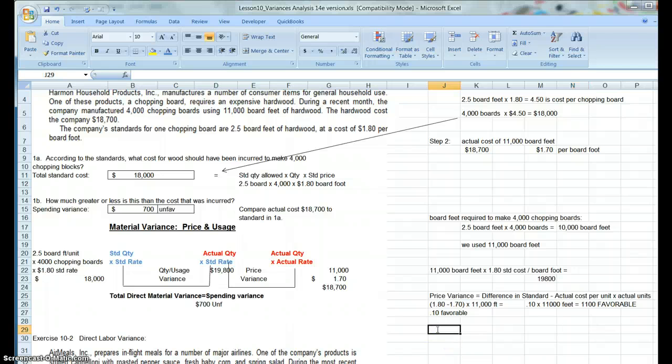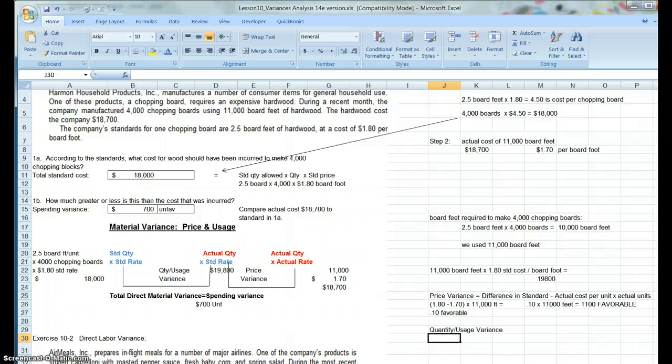Next step, the quantity or usage variance. Recall that we said 2.5 board feet per chopping board. 4,000 chopping boards came out to 10,000 board feet. We used 11,000 board feet.